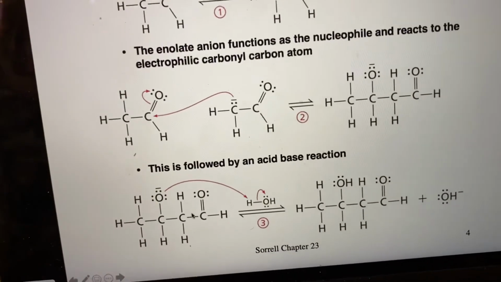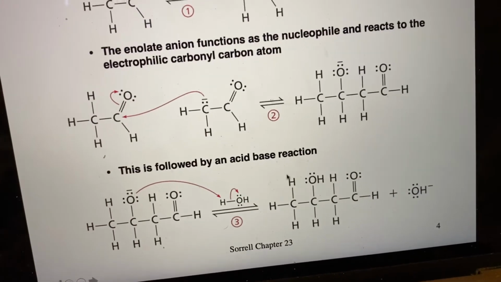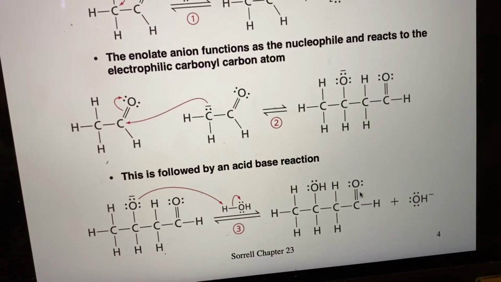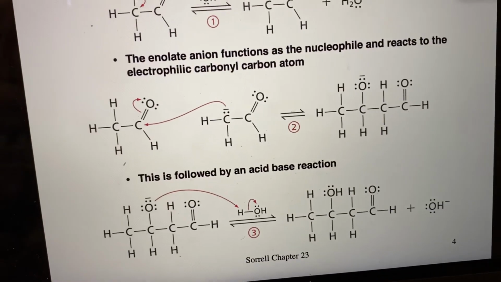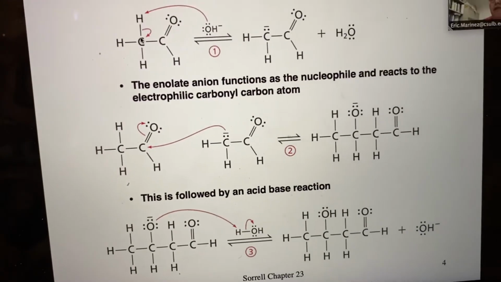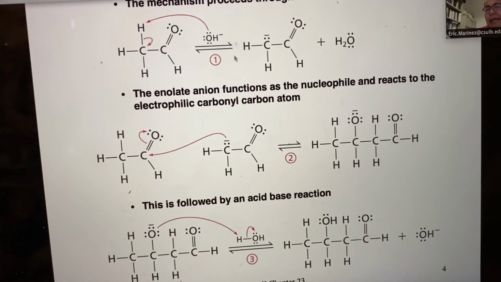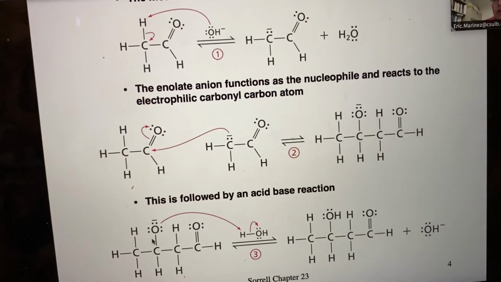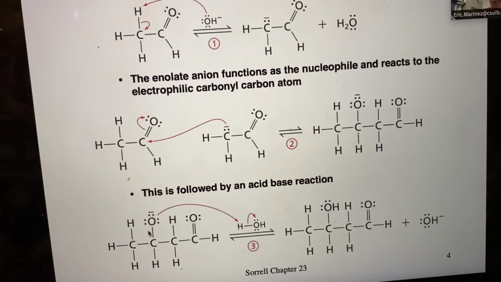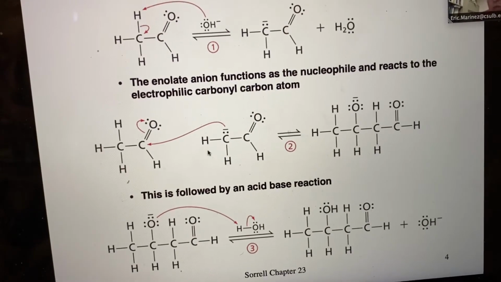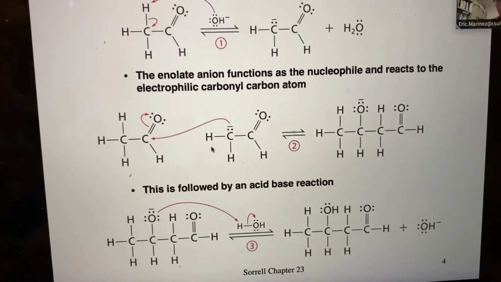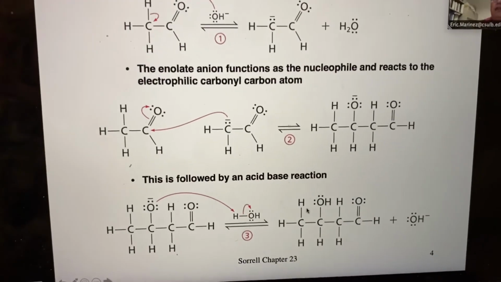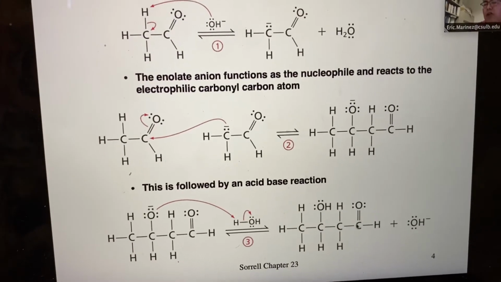Whatever the conjugate acid is, I'm going to use that to make the beta hydroxyaldehyde. So basically, the first step is an acid-base reaction to make the enolate. Then I have nucleophilic addition in step 2, and step 3 is another acid-base reaction. Very simple mechanism. Okay. The product is, once again, called a beta hydroxyaldehyde.